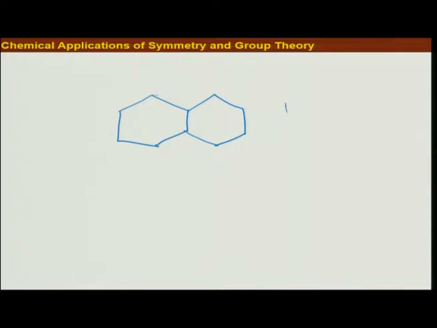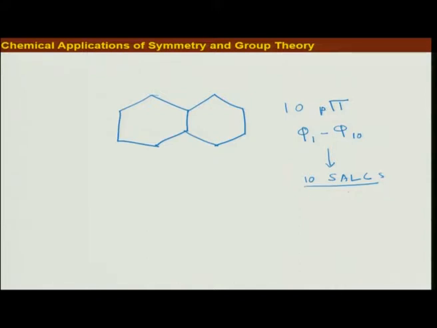So in total we took 10 p pi orbitals, phi 1 to phi 10, and we formed the 10 SALCs. So these 10 SALCs will give me 10 orbitals essentially, and these are all pi type orbitals.